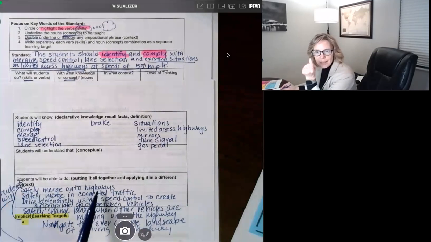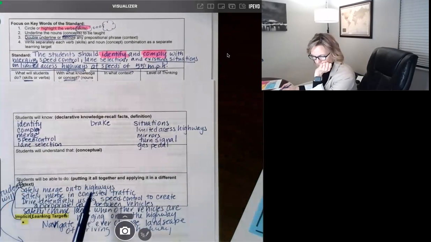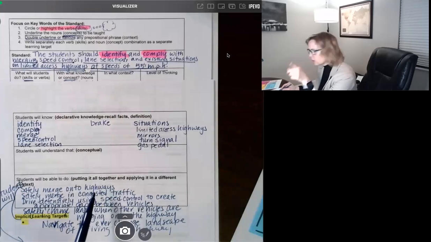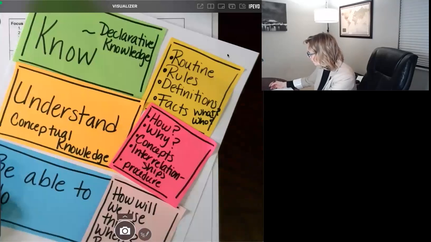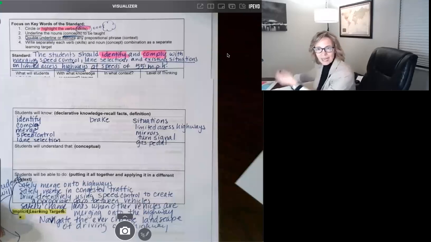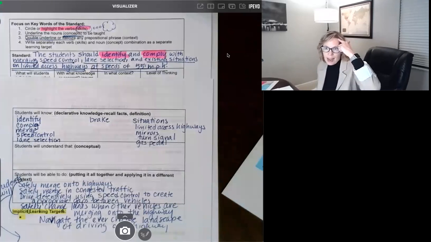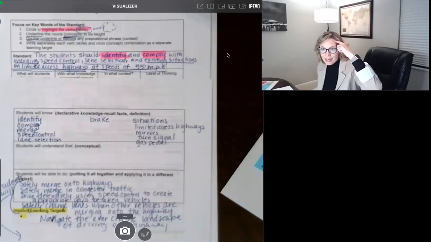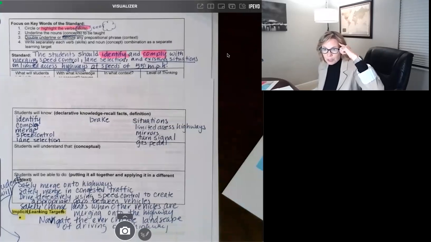The next question that I ask myself is, what do they need to understand? What do they need to understand when it comes to merging safely on the highways? How might they do that? Or what procedure is, when I think about myself merging on a highway, what do I understand here in my brain that allows me to do that, that keeps me safe?